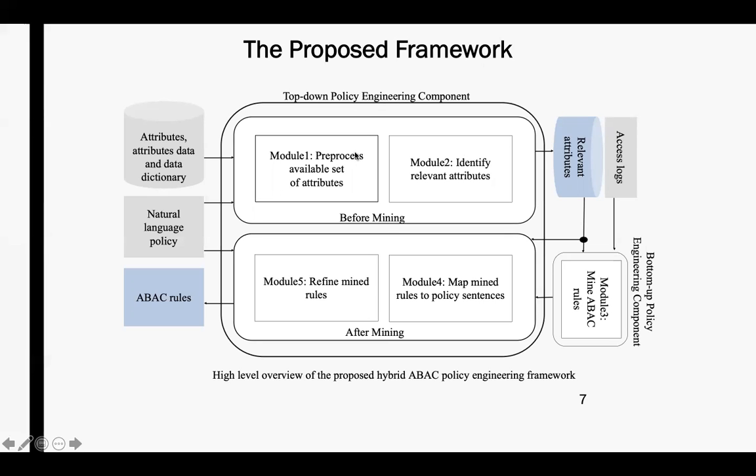Once we identify the irrelevant set of attributes, we provide them as an input to the bottom-up miner. We call it miner. In order to produce the first set of rules, we then also refer to the organizational policy to improve the produced rules. Finally, we produce the ABAC rules using the hybrid approach.